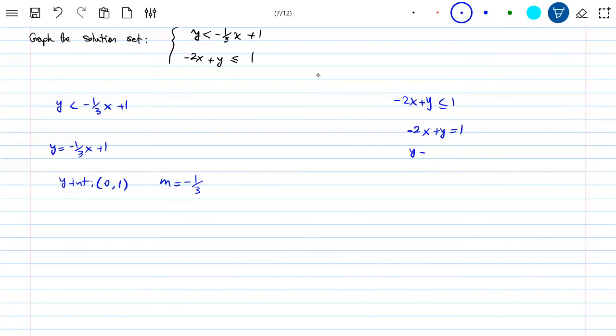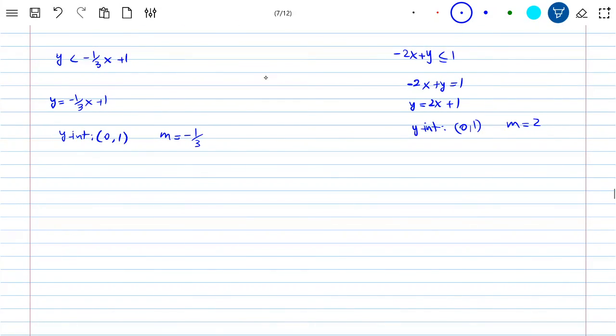Solve for y. Y equals 2x plus 1. What is the y-intercept? At 0 and 1. What is the slope? Slope is 2. Okay. So graph each one, each line. I'm going to graph them maybe a bit down here.